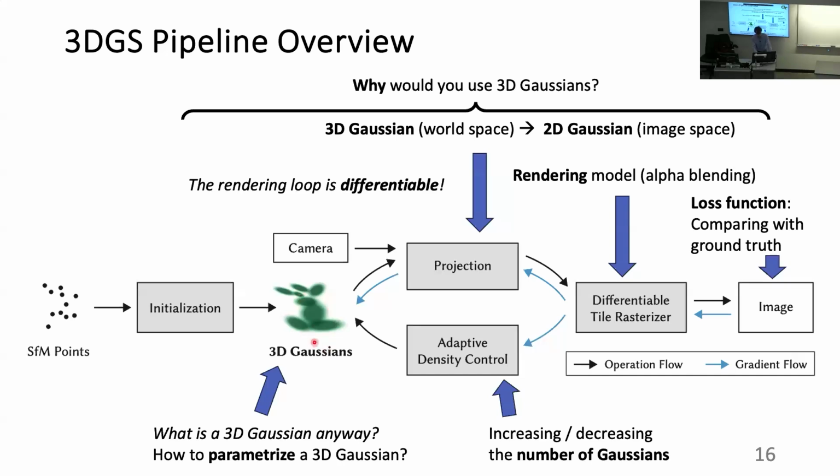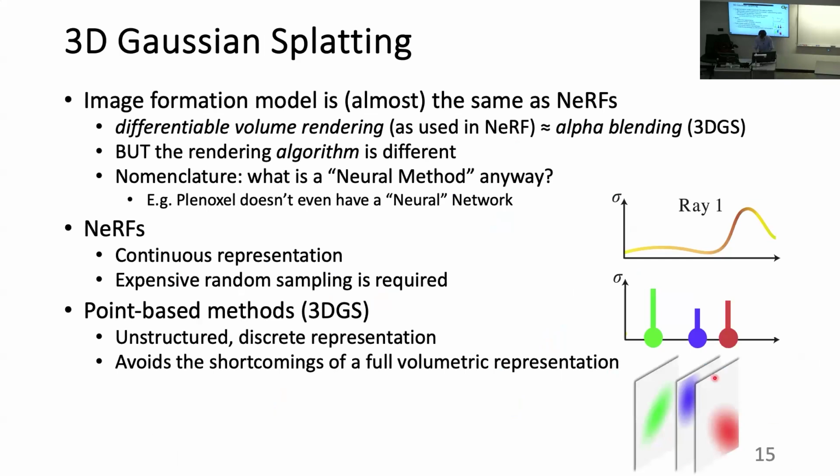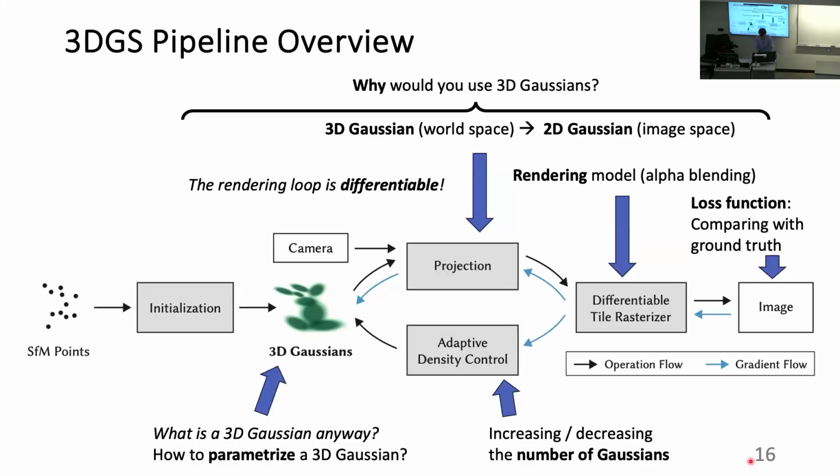And once we have our initial set of 3D Gaussians and their parametrization, we want to take some camera position and camera angle and project our 3D Gaussians from our workspace into 2D Gaussians in screen space to essentially get 2D screen space Gaussians like this. And then once we have these 2D Gaussians in screen space, we render out our projected Gaussians using alpha blending.